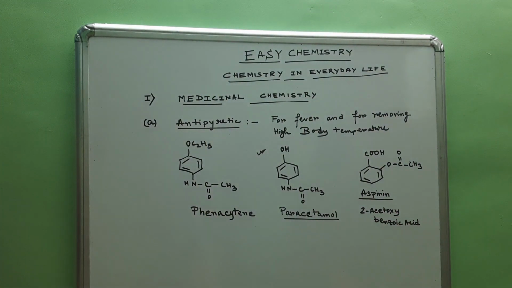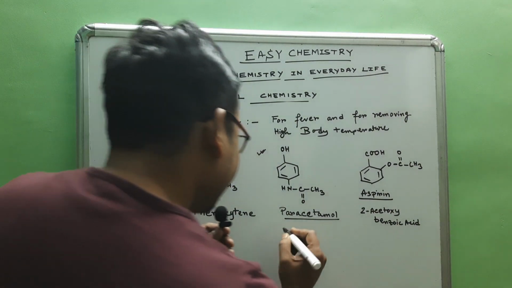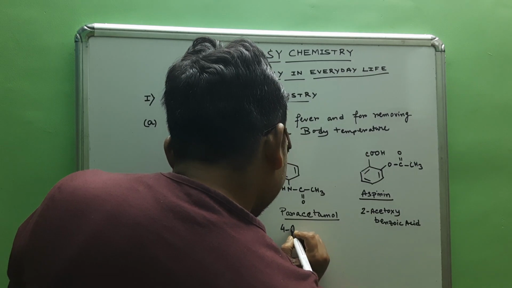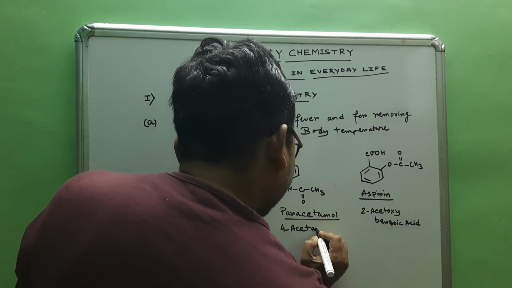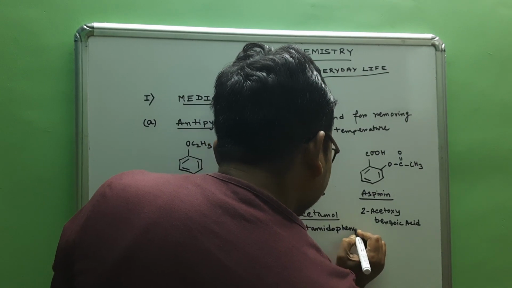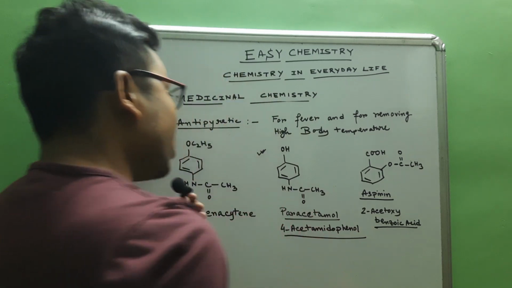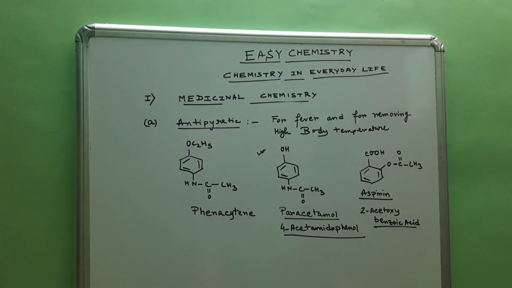And what is paracetamol? Paracetamol is 4-acetamidophenol. So these are the main three types of antipyretics.